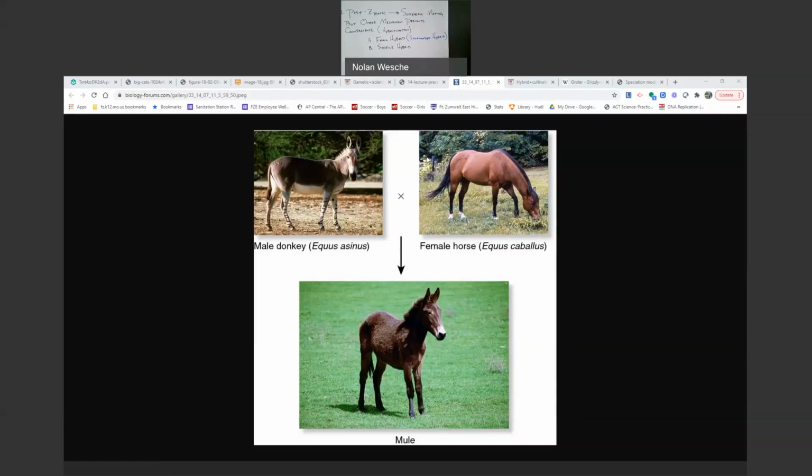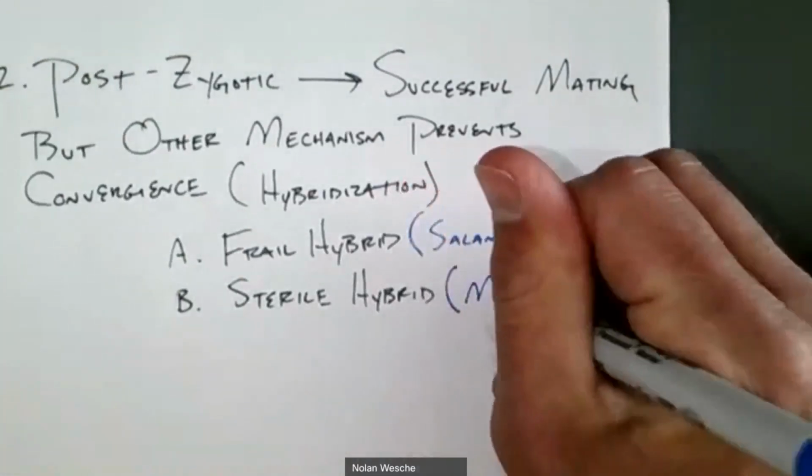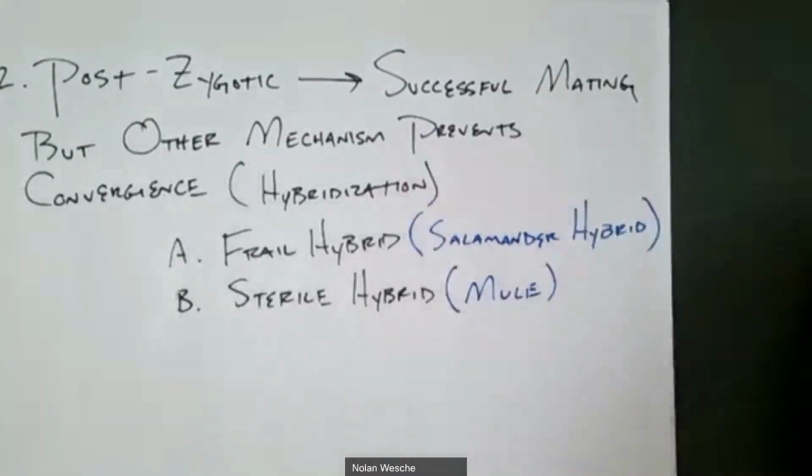But that mule is sterile and it cannot breed, backbreed, or have mules itself. So that would prevent hybridization. So we'll go ahead and record that here, a mule, as our example.